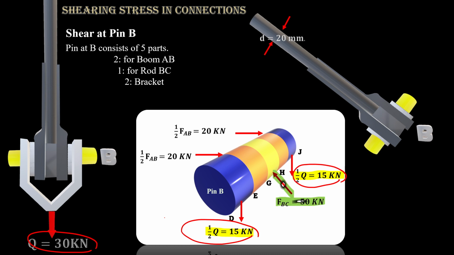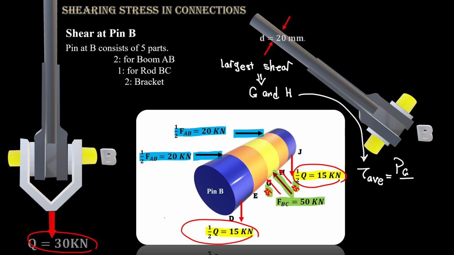So that's how we get 25, 25. Then we use that 25 because that's the maximum, in order to be on the safe side, divided by the area of the pin to get the largest shear, which is at G and H, and we use that for tau average to be in a safe zone.